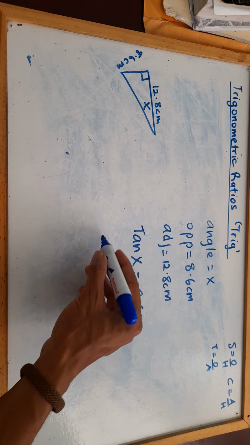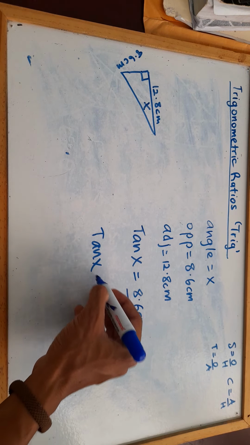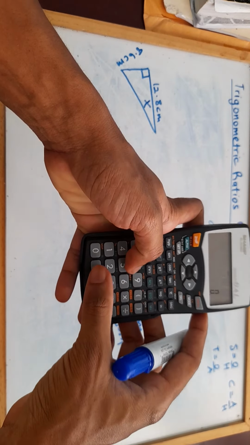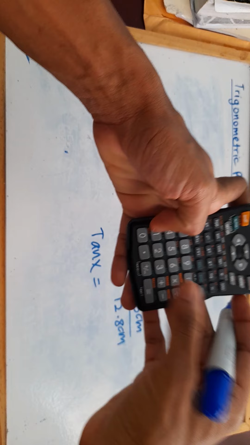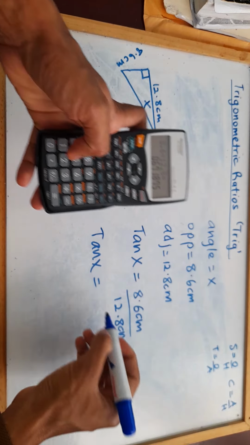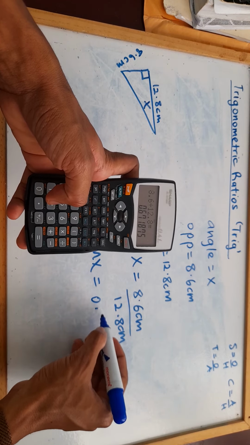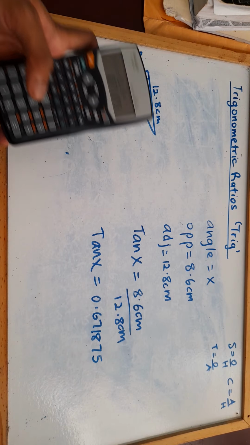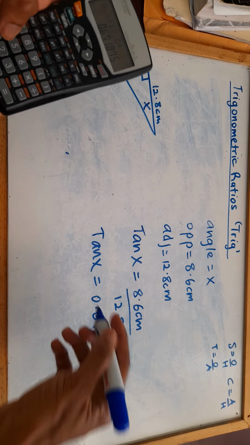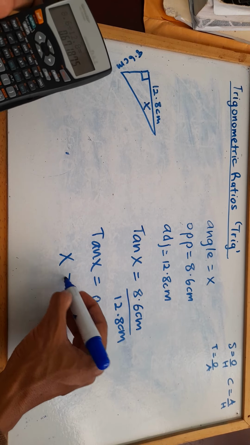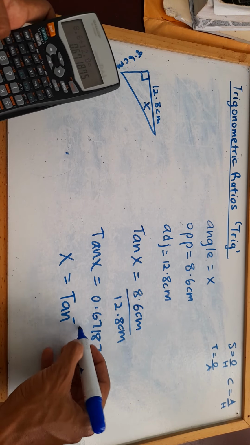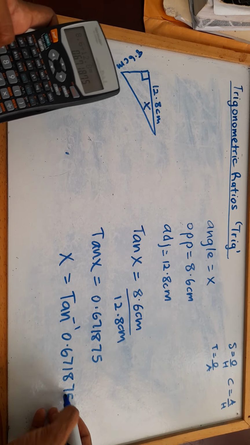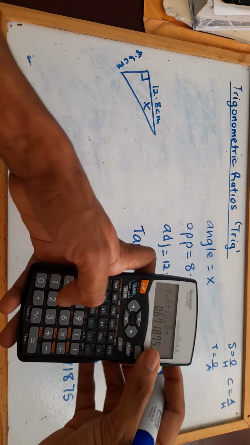You can plug this in your calculator and we get 8.6 divided by 12.8, 0.671875. Now similar to cos and sine, when we transpose a tan, we get tan inverse, right?